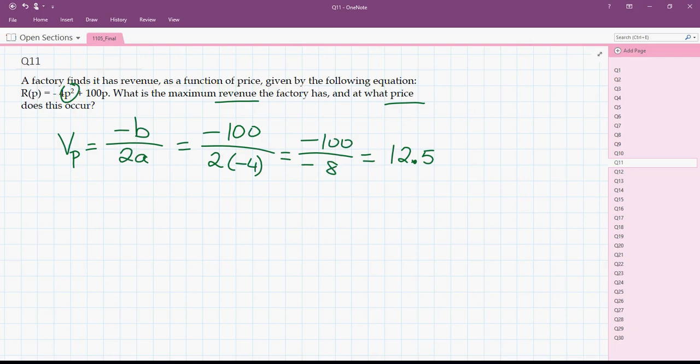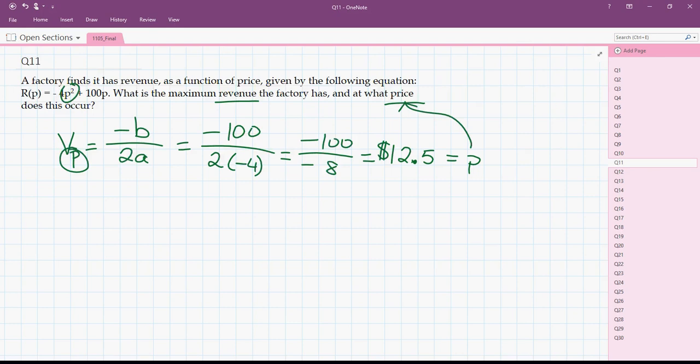I think that's correct. And always be careful with units. So we found the vertex, which is always your variable in your equation. So this should be a price. So that is the maximum price.